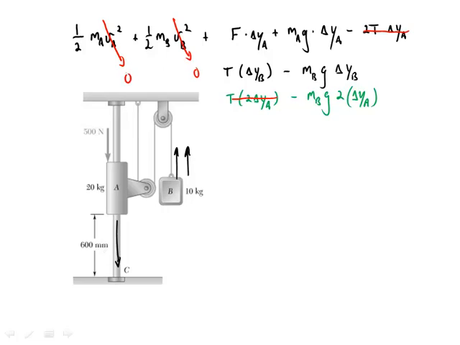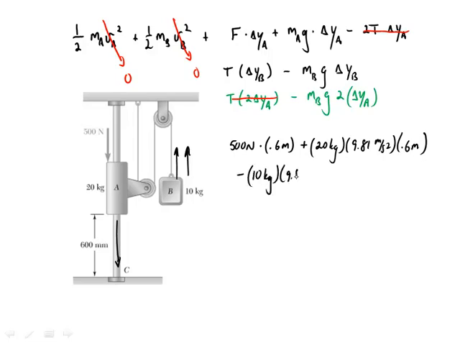So all I'm left with is 500 newtons times 0.6 meters plus 20 kilograms, 9.81 meters per second squared, times 0.6 meters, minus 10 kilograms, 9.81 meters per second squared, times 1.2 meters.